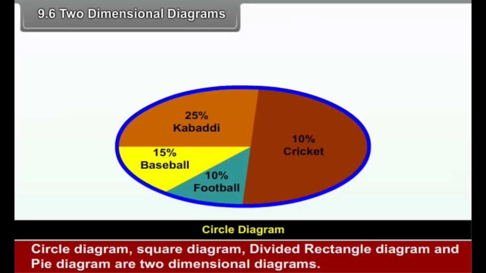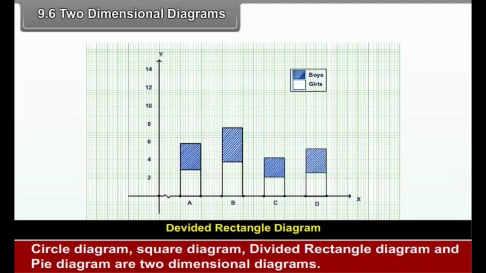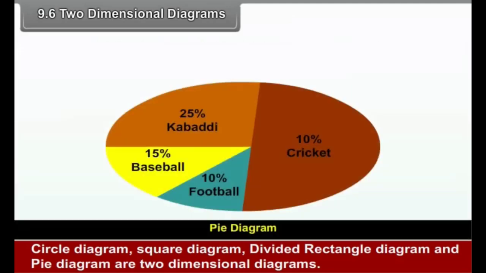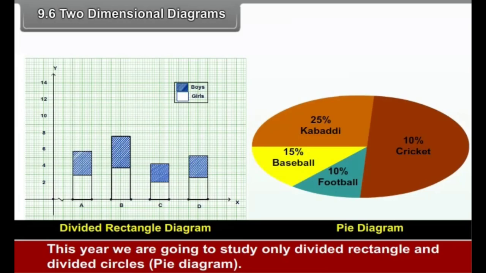9.6 Two-dimensional diagrams. Circle diagram, square diagram, divided rectangle diagram and pie diagram are two-dimensional diagrams. This year, we are going to study only divided rectangle and divided circles, that is, pie diagram.